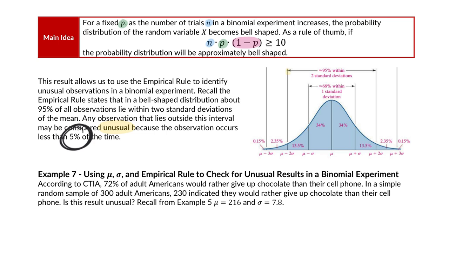So if you look at the lines that represent 2 standard deviations here and here, anything on the curve outside of those 2 standard deviations is automatically considered an unusual result. So you're looking for outside of 2 standard deviations, mu plus 2 sigma and mu minus 2 sigma.